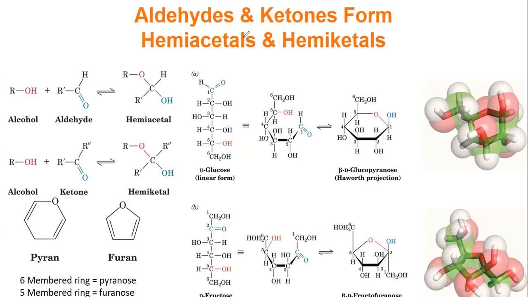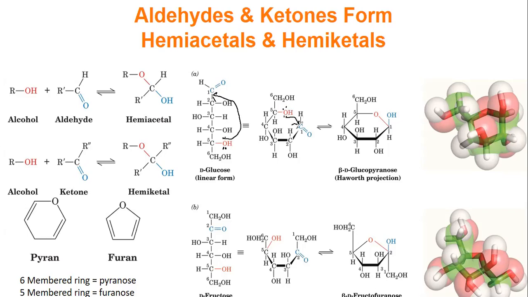And the way a sugar cyclizes, for those of you who like organic chemistry, here's the most organic chemistry we're going to get in this semester, is that you have one of your OHs, see, I can do the electrons too, attack your carbonyl carbon. And it's shown here as well.